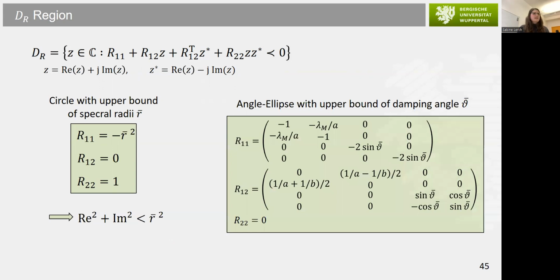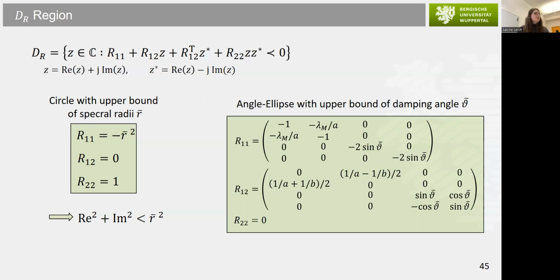And for the angle ellipse, follows this parameter setting with the damping angle theta bar, or the upper bound of the damping angle. And this upper bound, if it's set to 90 degrees, means that we have no limitation of the damping, and 0 degrees means that we have the maximum damping.